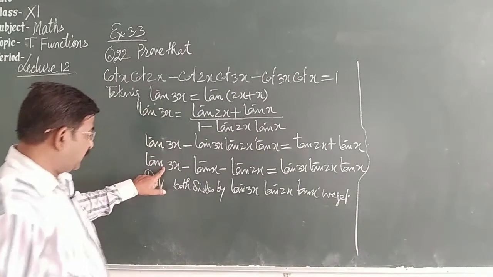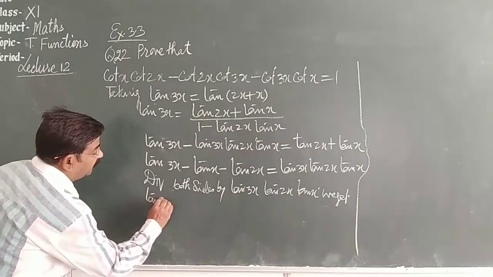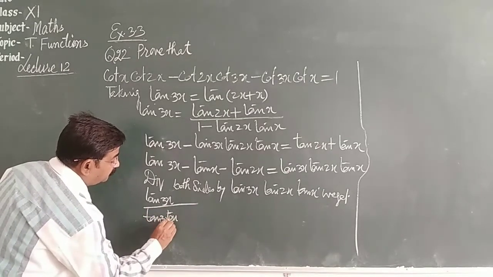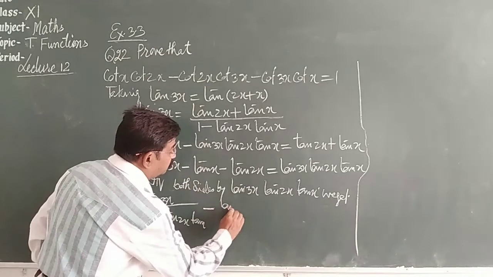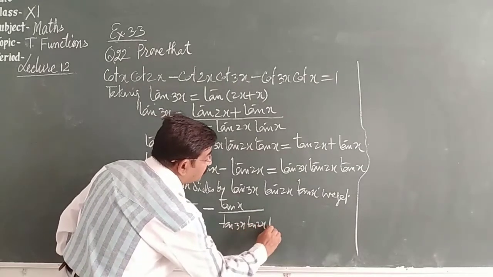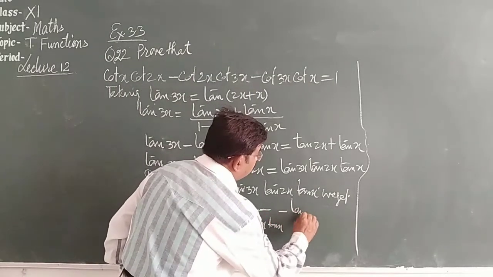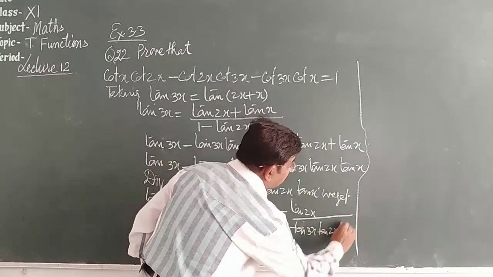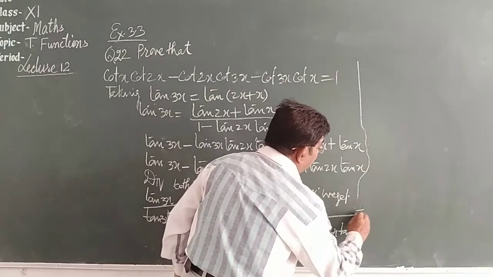See, tan 3x upon tan 3x tan 2x tan x, minus tan x upon tan 3x tan 2x tan x, minus tan 2x upon tan 3x tan 2x tan x is equal to 1.